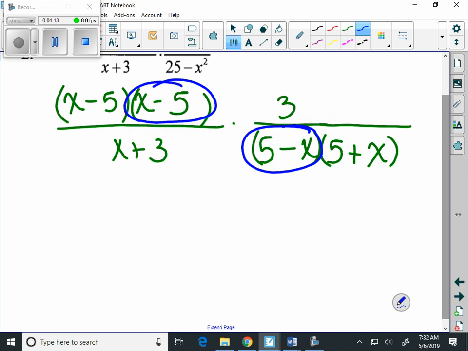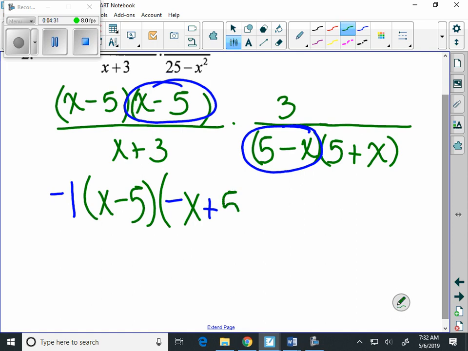But when we change the sign here, it's going to be negative 1. I did not change the sign on this x minus 5, but I did change the signs here. Negative x, and then it's going to be positive 5. We did not change any value there, because there's that negative 1 outside.